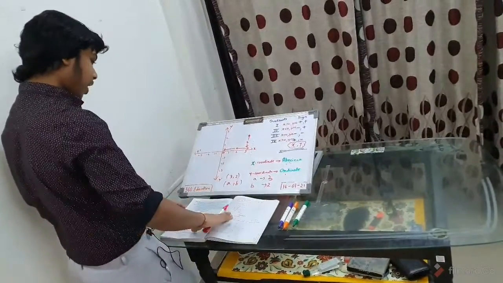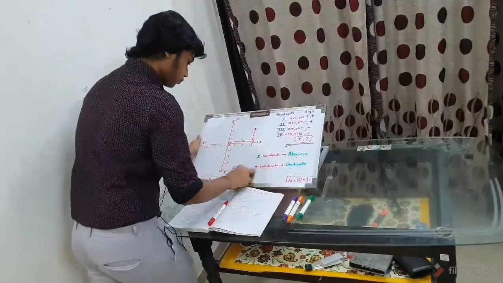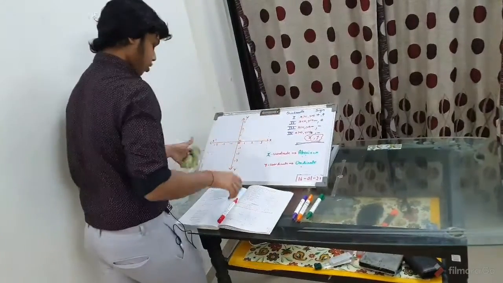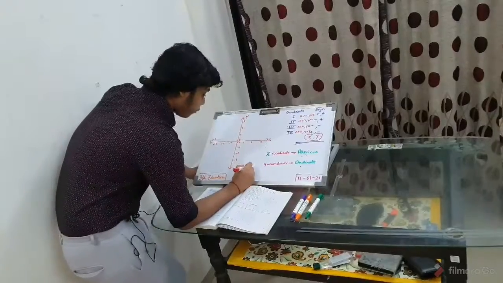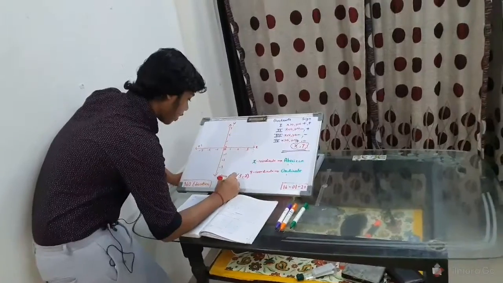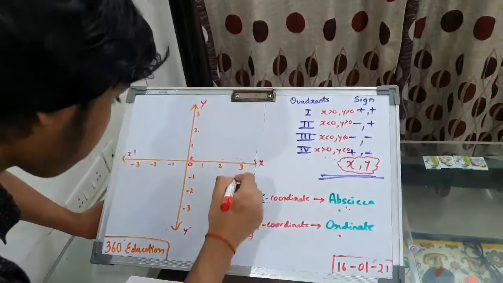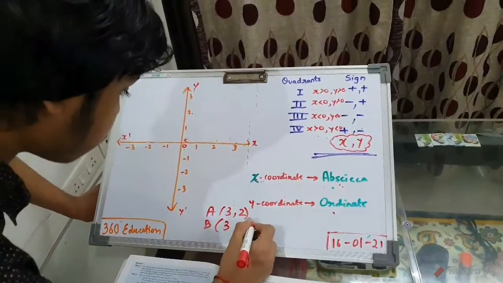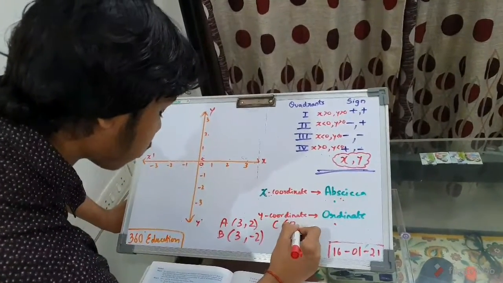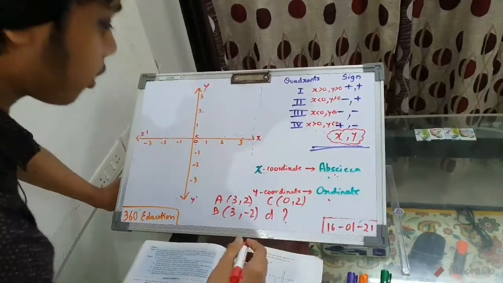So now let us understand the plotting of points. How do we plot the points? If we have point A which is equal to 3, 2, point B which is equal to 3, minus 2, and point C which is equal to minus 3, 2, what will be the point D?